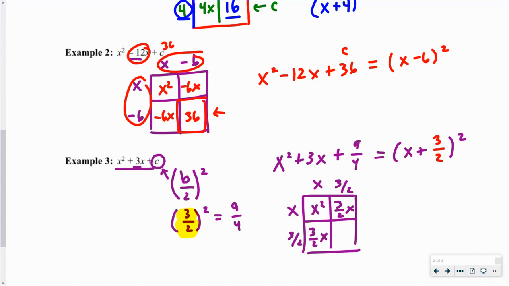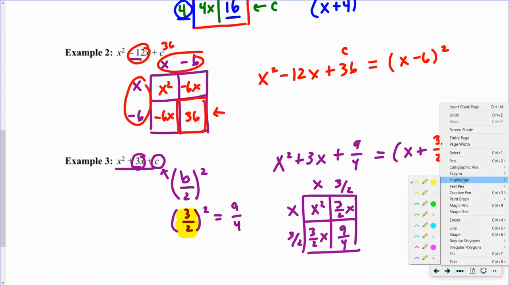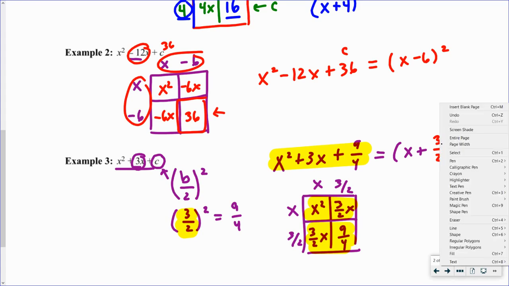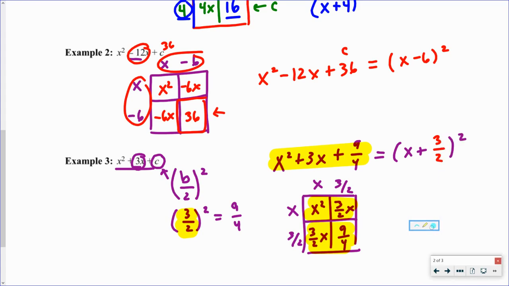And if we add 3 over 2 x plus 3 over 2 x, we get 3x. 3 halves times 3 halves is 9/4. So if we look at the area diagram, these terms right here all added up give us this trinomial. These two binomials here are what we get on the right-hand side.